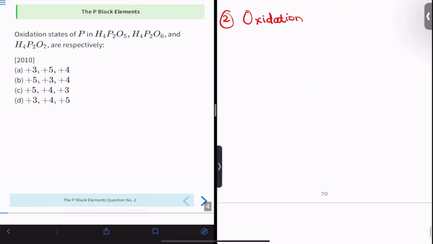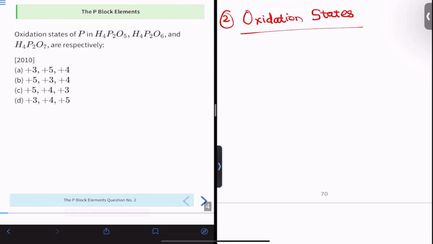What are the oxidation states for these compounds? In the chapter redox reactions in class 11th, if you have studied the redox reaction chapter, then you must have heard how to calculate oxidation states. There are a number of ways to calculate oxidation states of a compound.